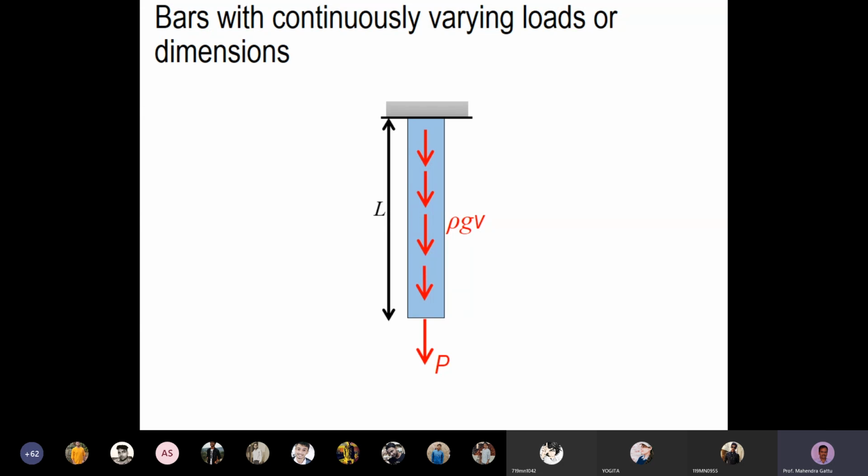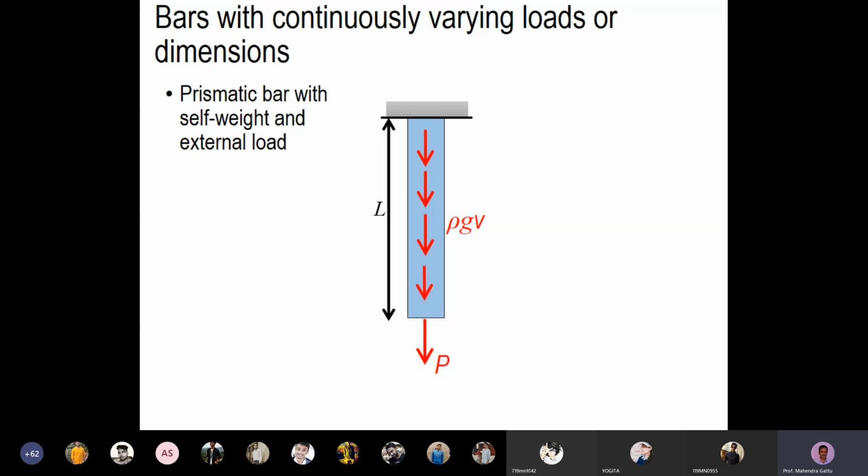So we have to consider this self weight. We have an axial force distribution throughout the length of the bar, and this will produce a non-uniform axial stress distribution and therefore a non-uniform strain distribution.